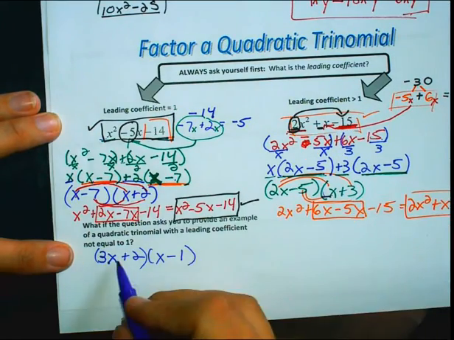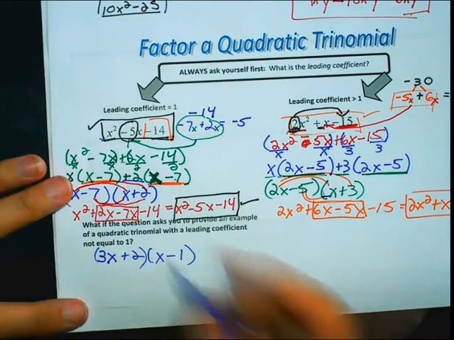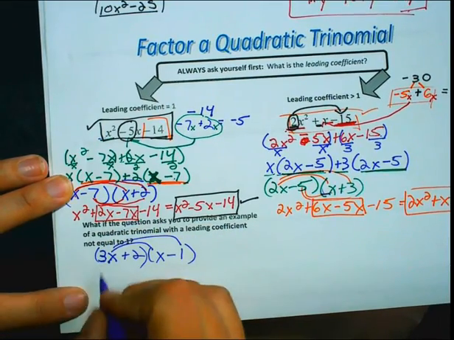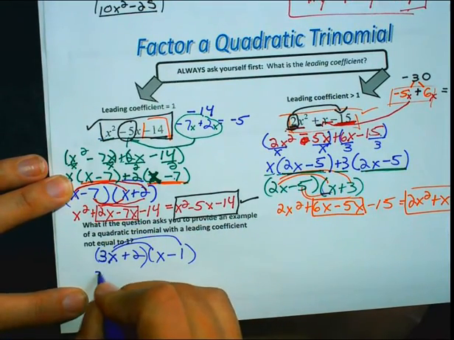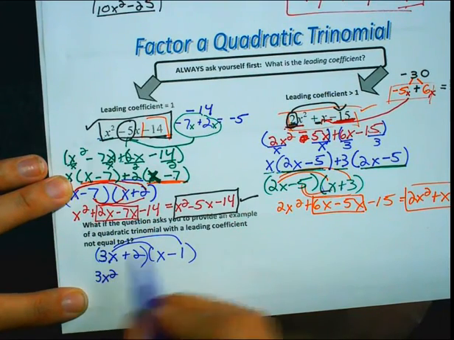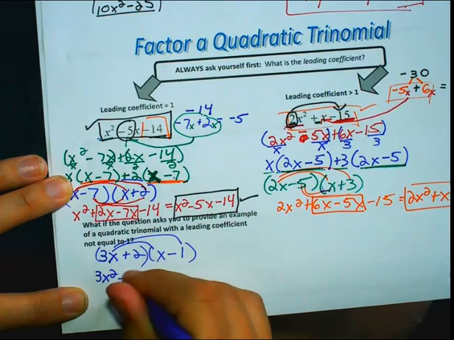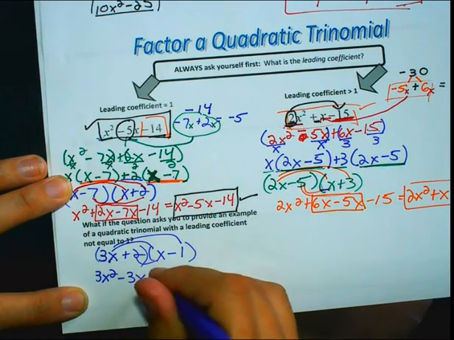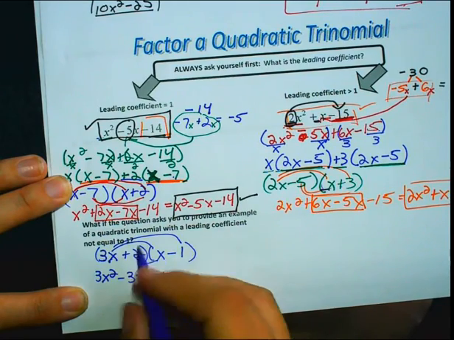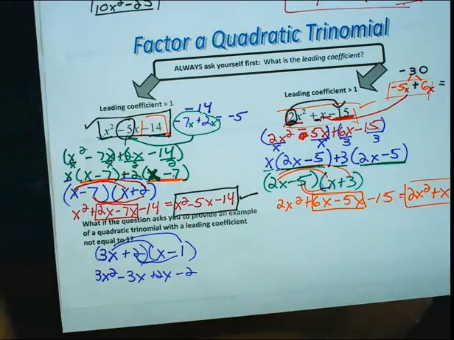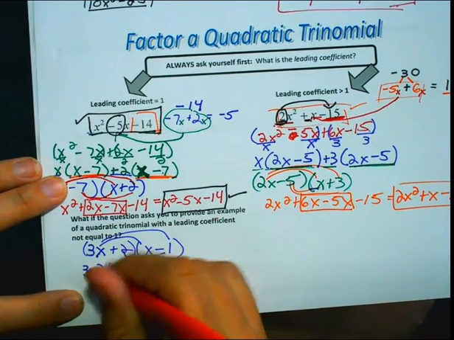So what I'm going to do is FOIL this together. 3x times 3x is 3x squared. And then I have 3x times negative 1, which is minus 3x. 2 times x is 2x. 2 times negative 1 is negative 2. I'm going to combine these middle terms.